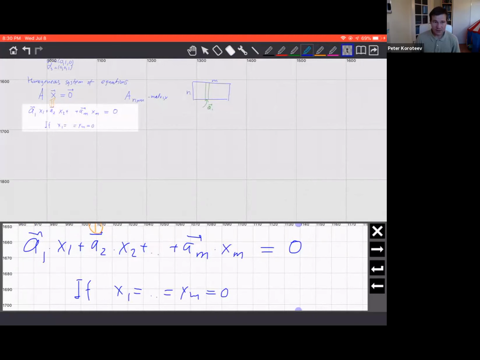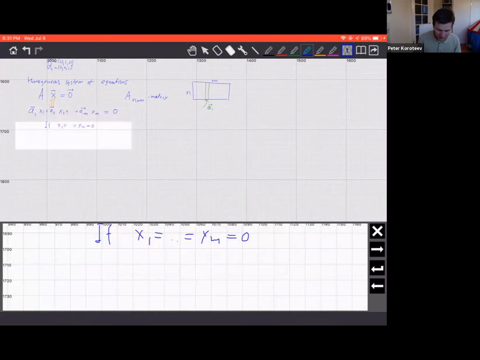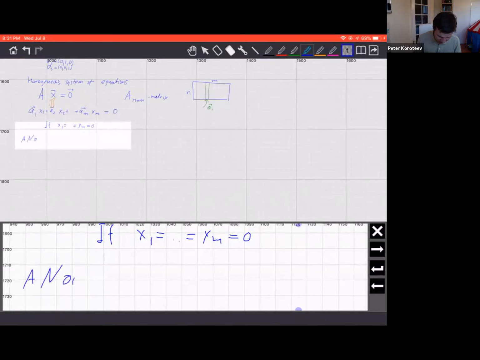An interesting question is whether there is a non-trivial linear combination for which this is true, and we showed last time that this is possible if and only if the solution of this linear system has a free variable. In other words, a non-trivial solution exists.